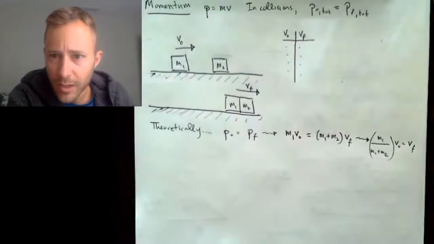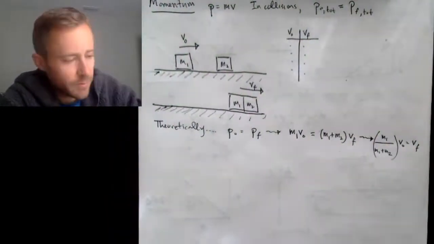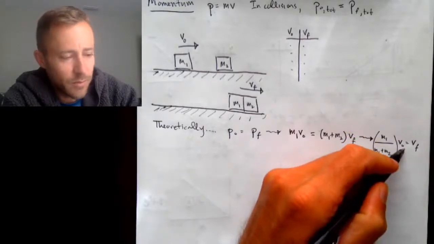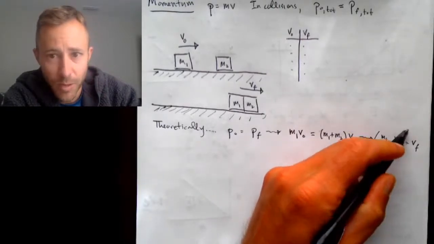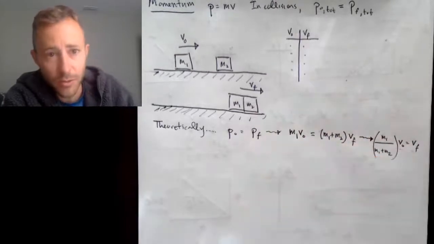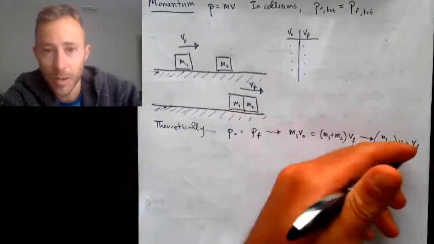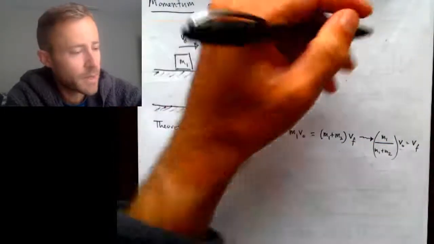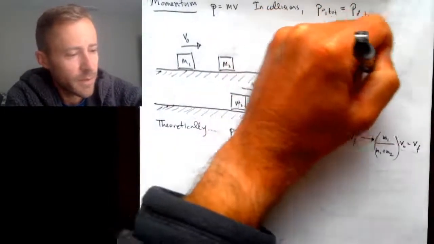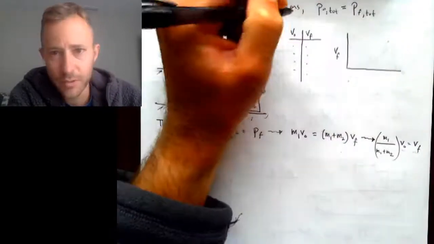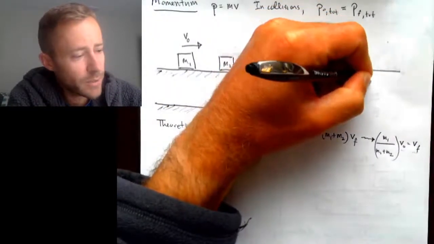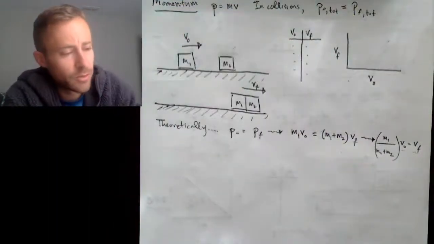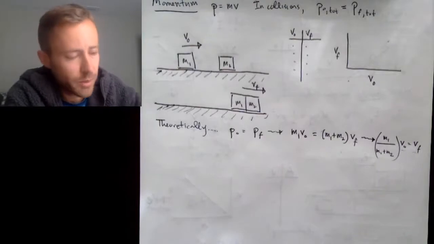So I can see that there is naturally a linear relationship: v initial appears to the first power, v final appears to the first power. So that's the graph that I'm going to make. I don't have to square anything or do anything like that. I would just graph v final on the vertical axis and v initial on the horizontal axis. So what should that relationship be?